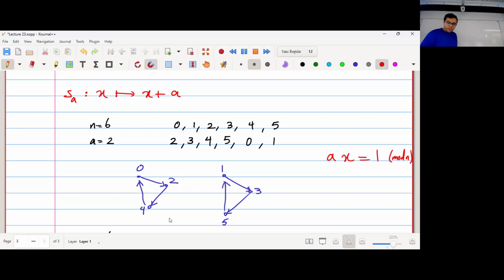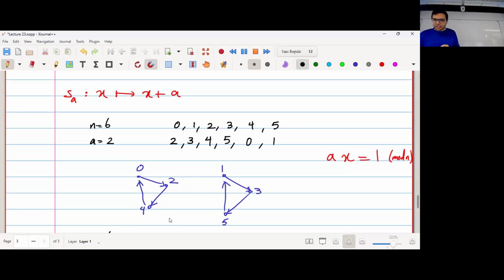What is that size? Not necessarily. So we have to maybe consider two cases.